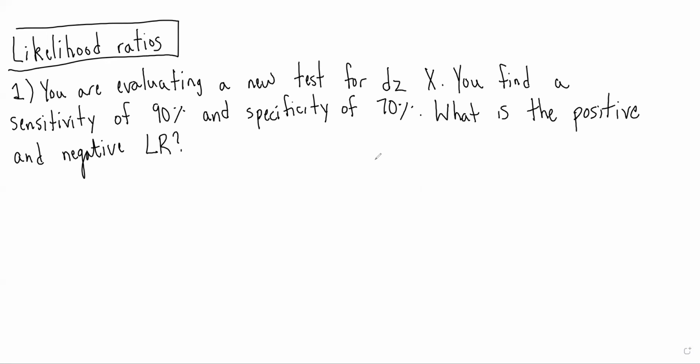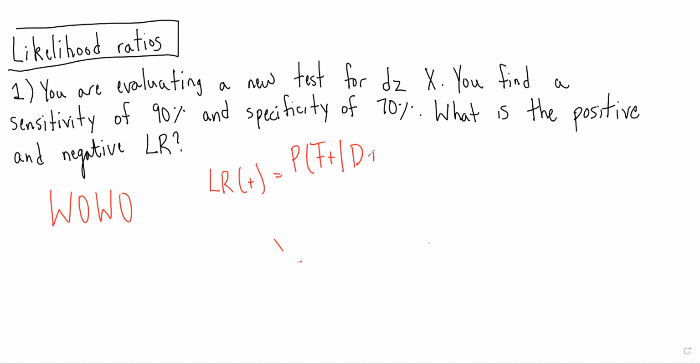So going back to the lecture, we remember that the equation for each of the likelihood ratios can be remembered with the mnemonic WHO. And therefore, the LR positive will be the probability of getting a positive test given you have the disease with over the probability of getting a positive test given you do not have the disease, with over without.